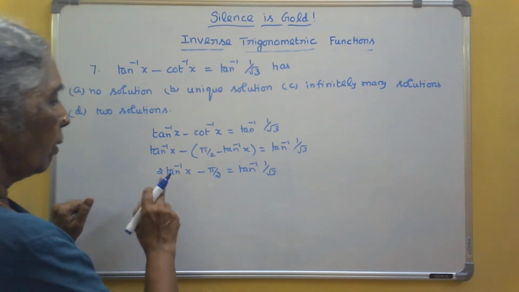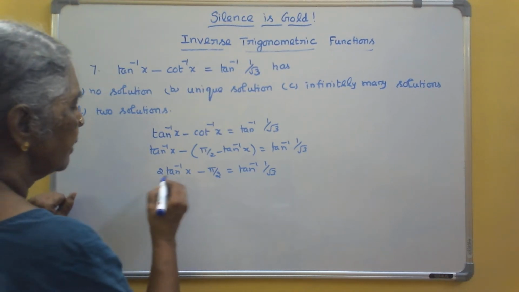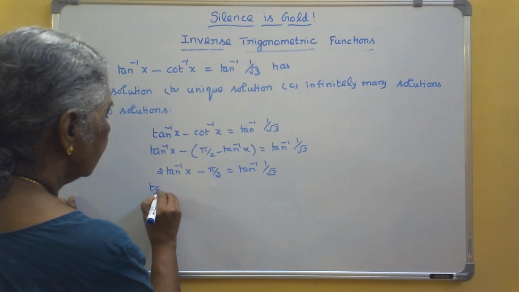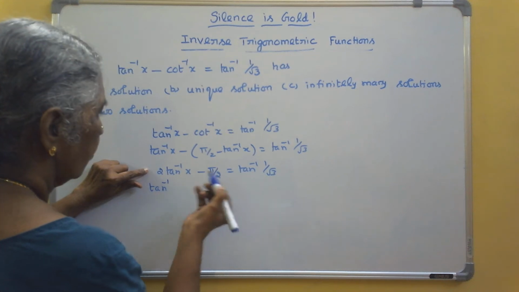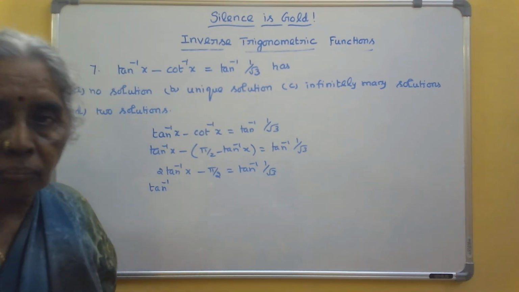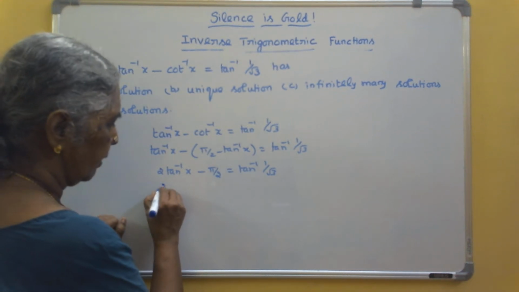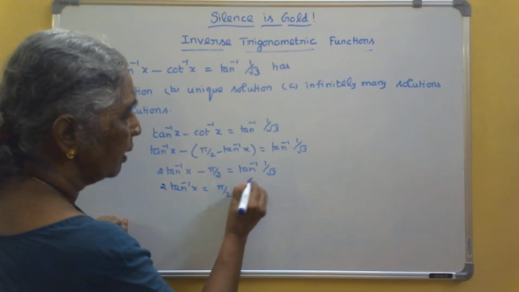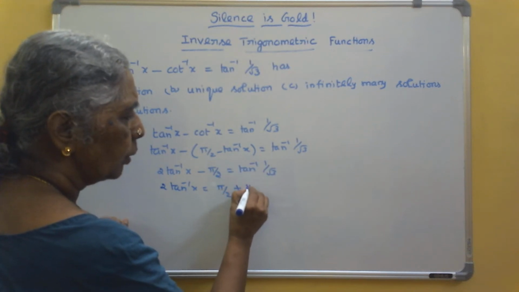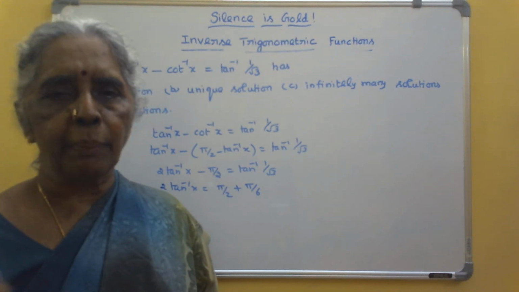Now this 2 tan inverse x, let us keep it here, and let us take this minus pi by 2 to the other side. You know tan inverse 1 by root 3 is pi by 6, isn't it?